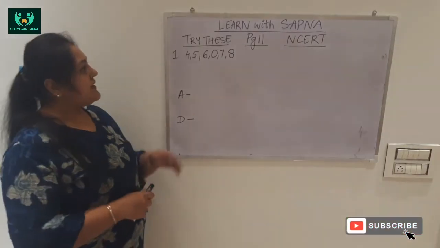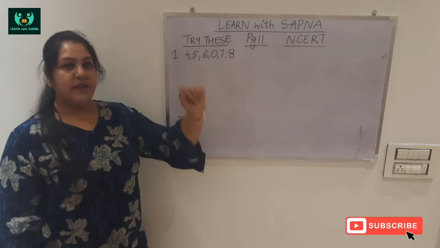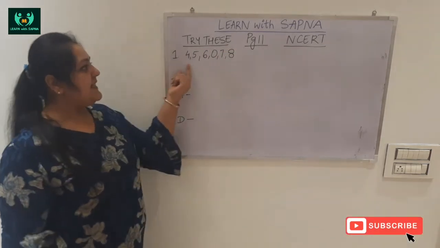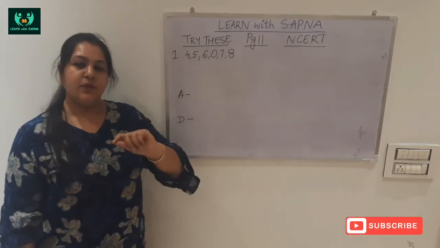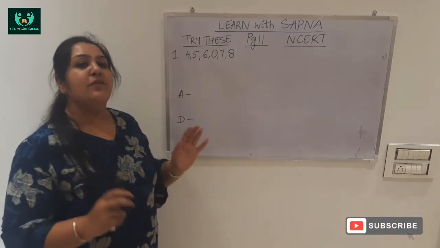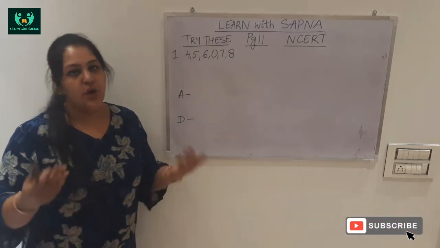Okay, so now let's come to the other Try These box on page number 11. The first question says these are the few digits that have been given to us and we have to make 5 numbers of 6 digits on our own.